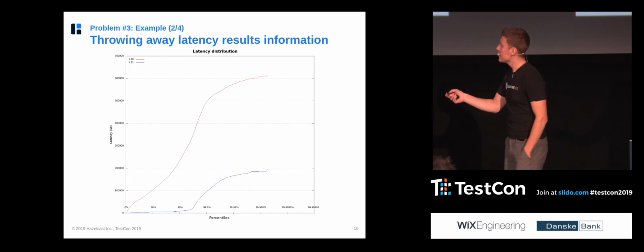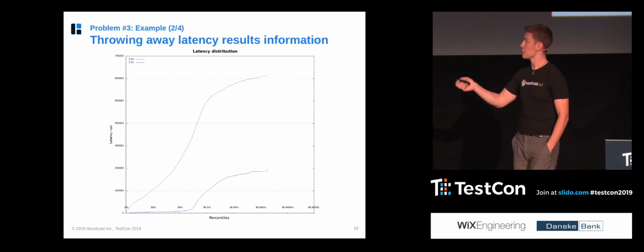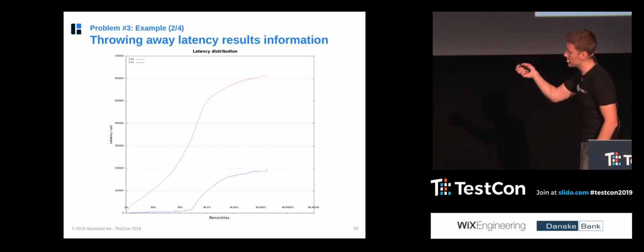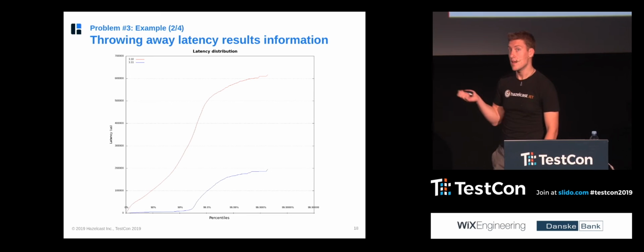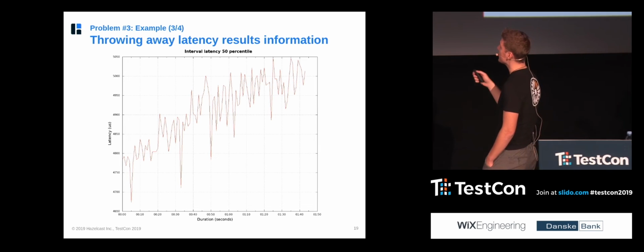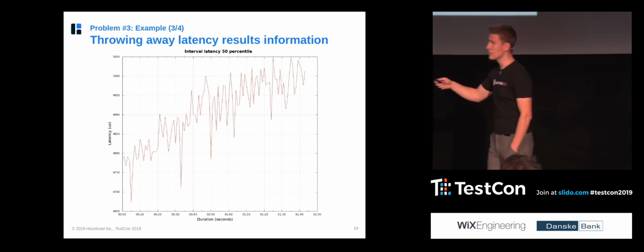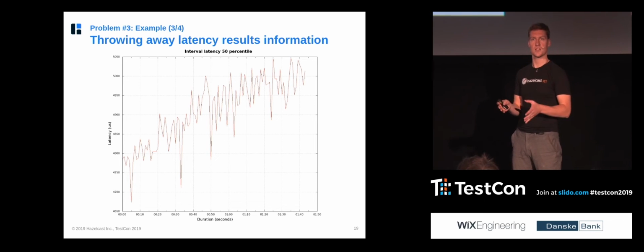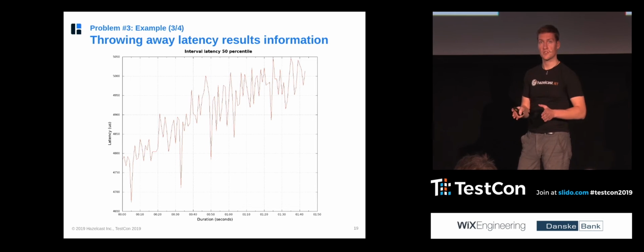So in here you see that the latency distribution is pretty bad, or there's some progress, but you don't see if maybe there are some other problems in performance. And this is the latency interval percentile chart, which means that every second we calculate the 50th percentile, or 70, 75. We calculate the percentiles for that particular second.